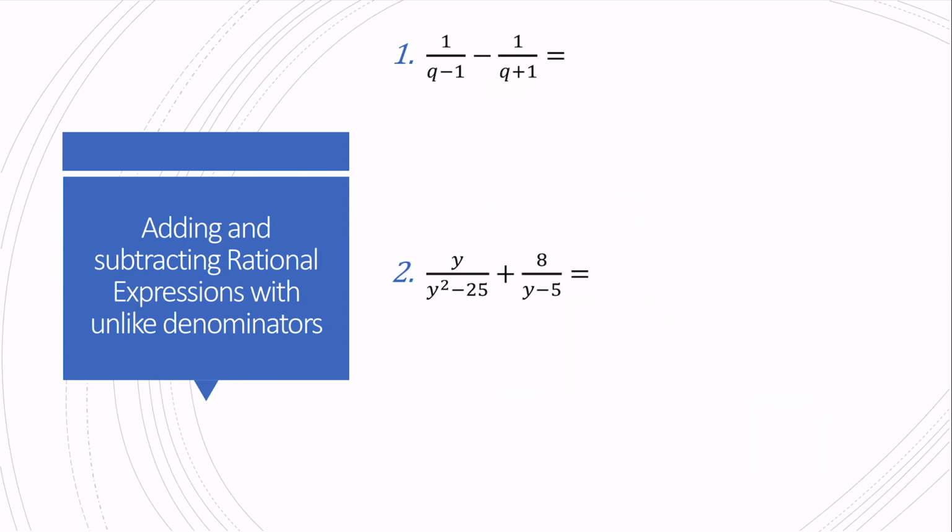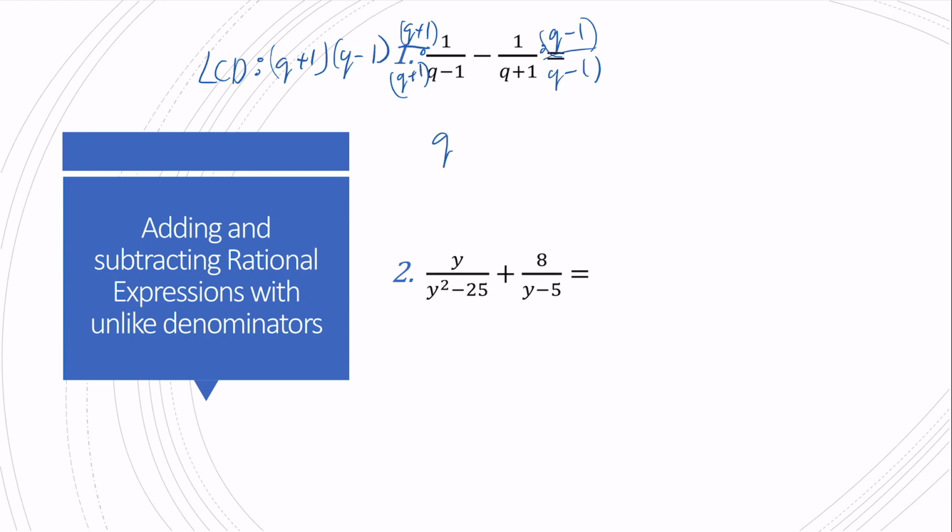So if I have 1 over q minus 1 minus 1 over q plus 1, my LCD here is just going to be q plus 1 times q minus 1. So on the left, I'm going to multiply by q plus 1 over q plus 1. On the right, I'm going to multiply by q minus 1 over q minus 1.